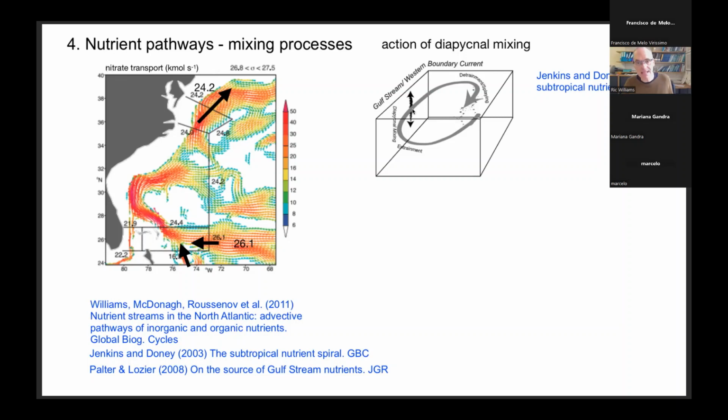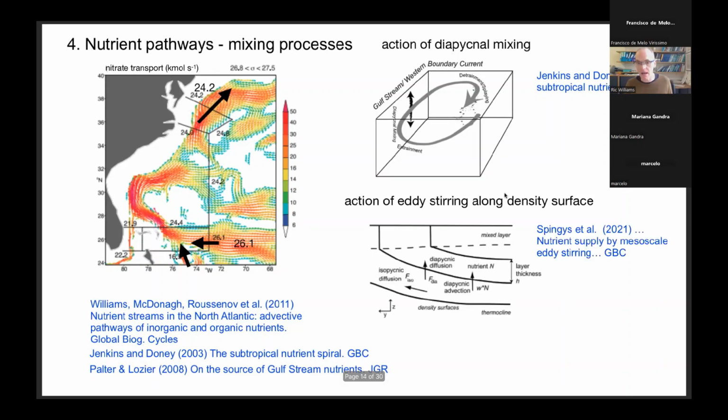However, the expectation of that process would be that the nutrient concentrations running along the stream would then increase downstream, and we actually see the reverse. We see it decrease.